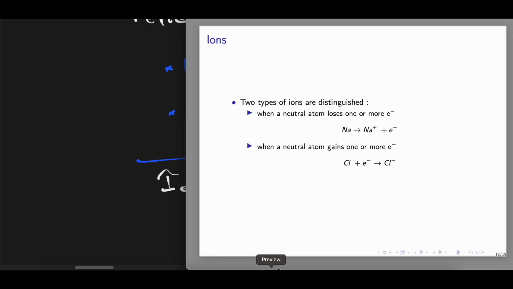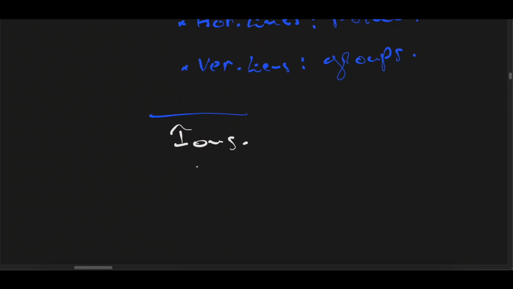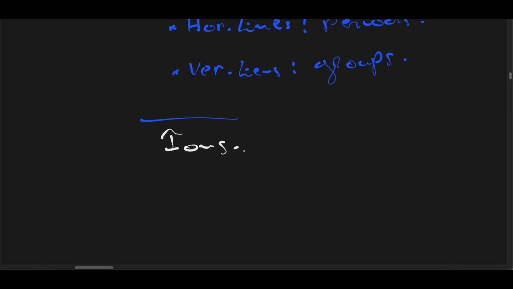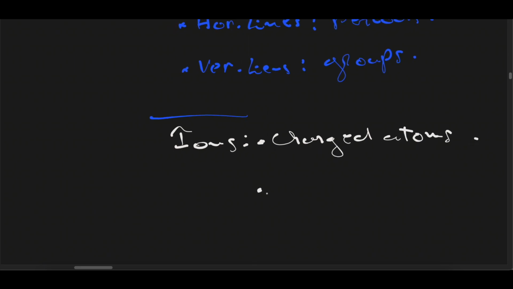So what are ions? An ion is an atom that is charged. The atom is neutral, but ions are different from atoms because ions are charged atoms. Why are they charged?